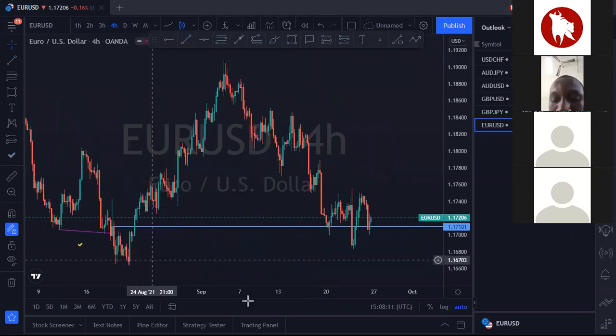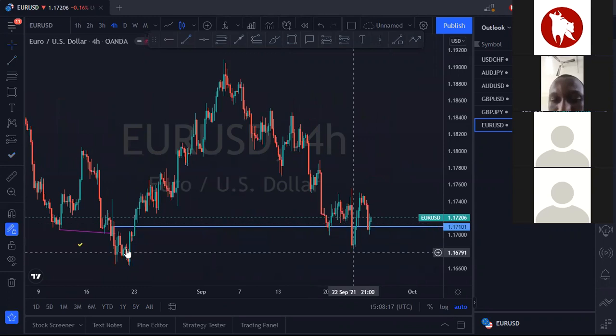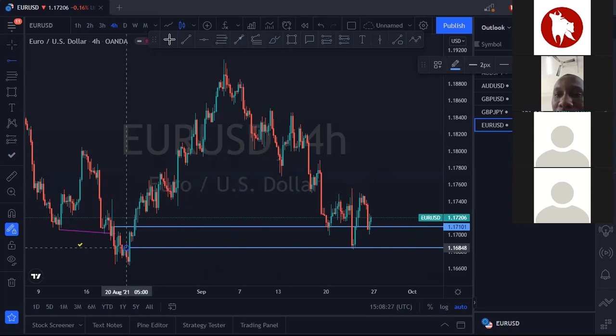Once it came back, it was not able to break this low. It just bounced off this other block you are seeing here, the down close candle prior to the upside movement. So this is where price bounced up.